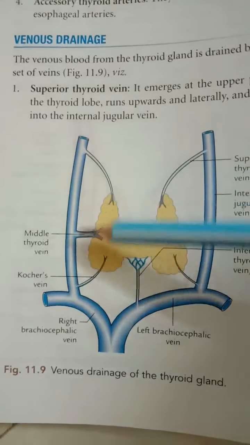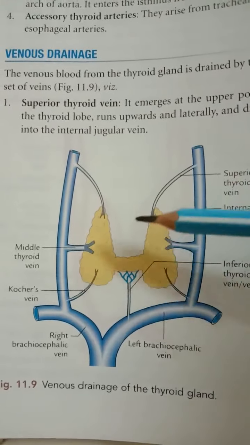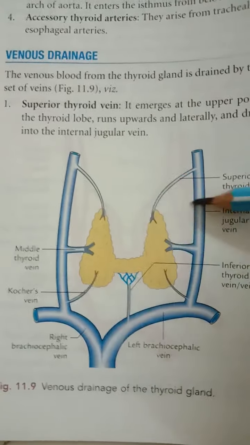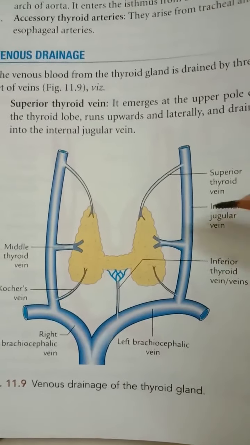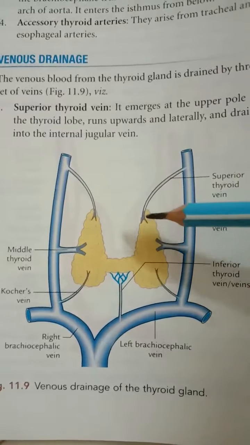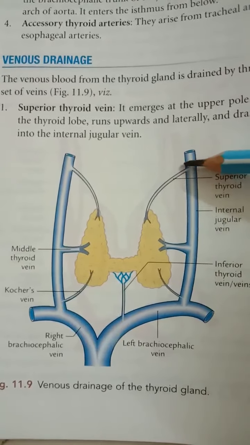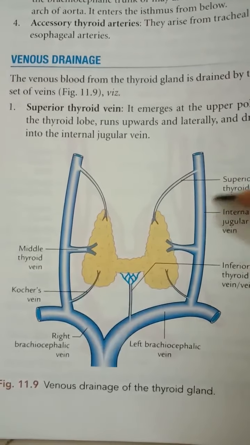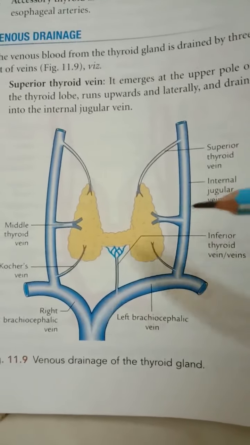The venous drainage. The venous drainage of the thyroid gland occurs firstly by the superior thyroid vein. It emerges from the upper pole of the thyroid lobe, runs upwards and laterally and drains into the internal jugular vein.